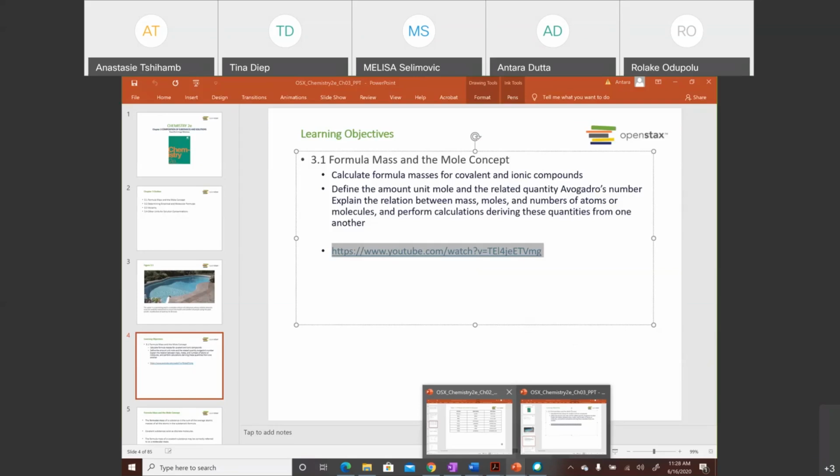Molecules are very, very small. So it is hard for us to describe like, okay, I have 10 million molecules here. Out of the 10 million molecules, 5 million molecules reacted. That is not a very convenient way. So that's why we widely use this Avogadro number and mole concept in our chemistry calculations, in stoichiometry.